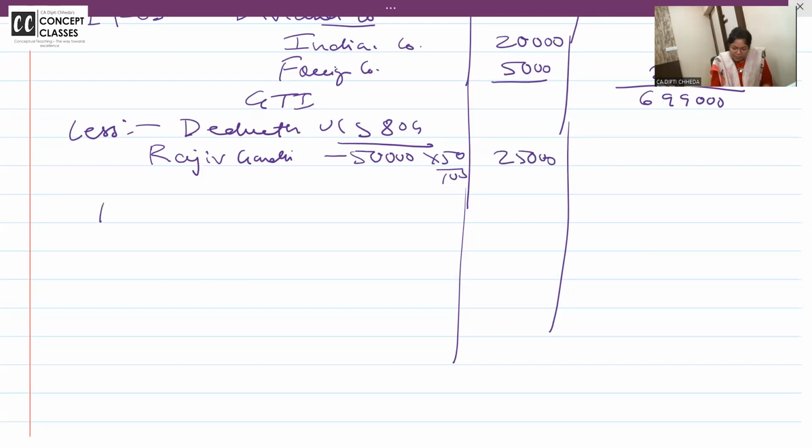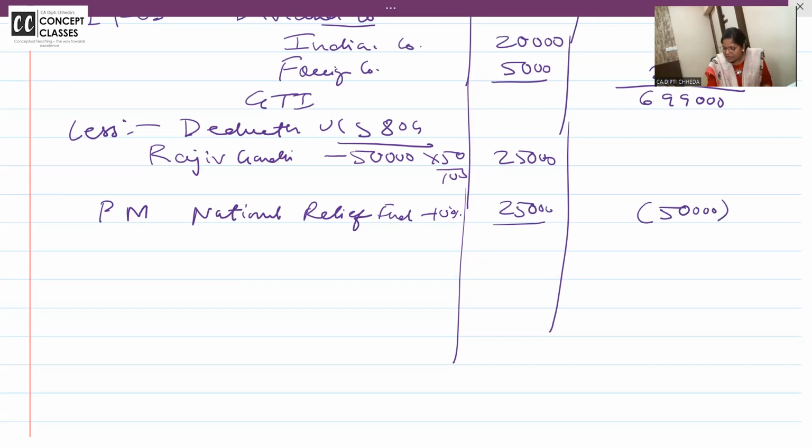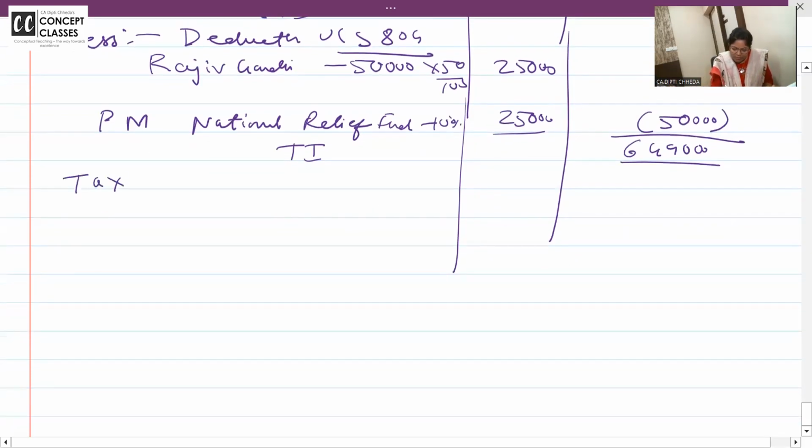And another is the PM's National Relief Fund, where 100% is allowed. How much? 25,000. So what is the 80G deduction? 50,000. Now what is your total income? 6,49,000.